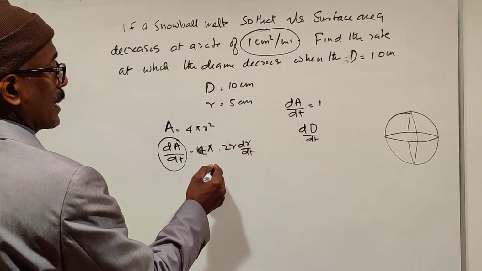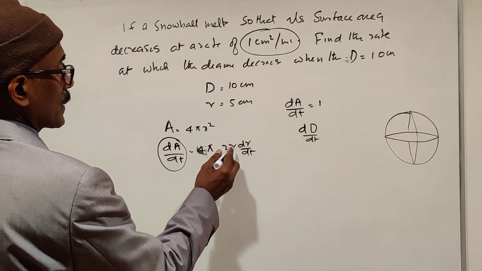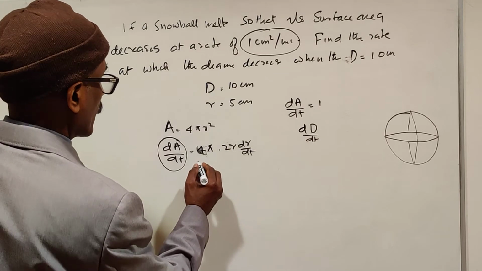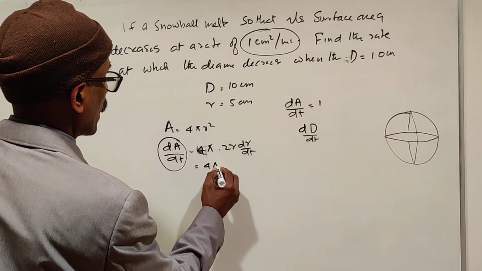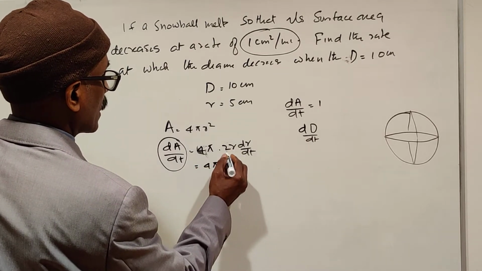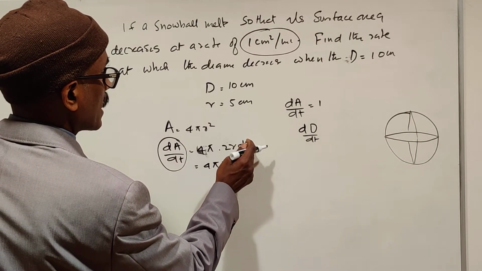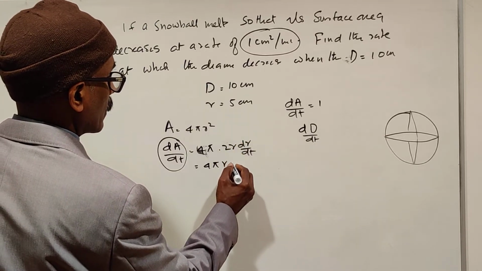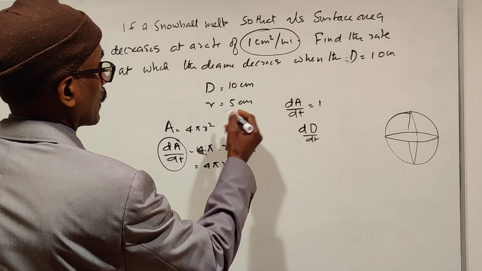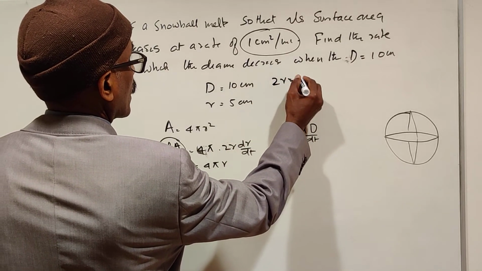We can substitute the values. Before substituting the values, I am going to write 4 pi r first, then the 2 I am going to bring inside the derivative, because 2r is equal to D, right?